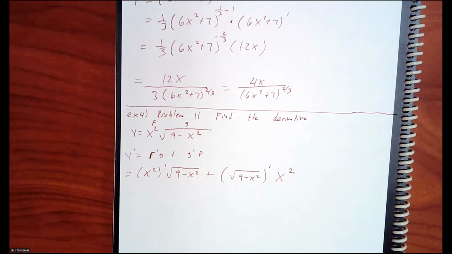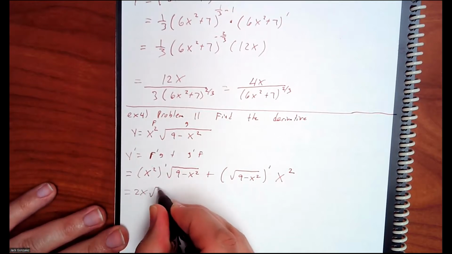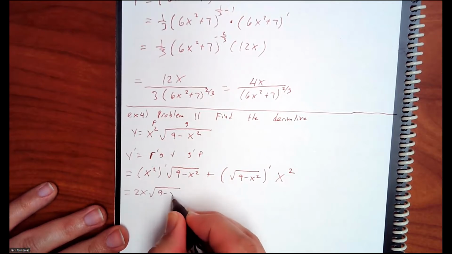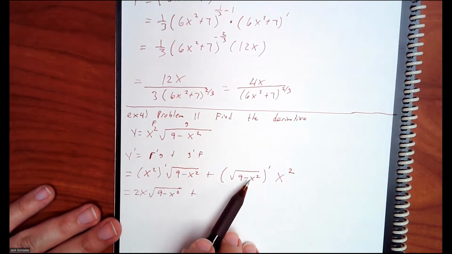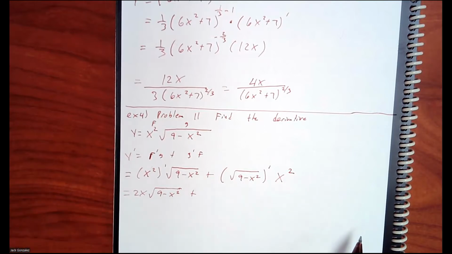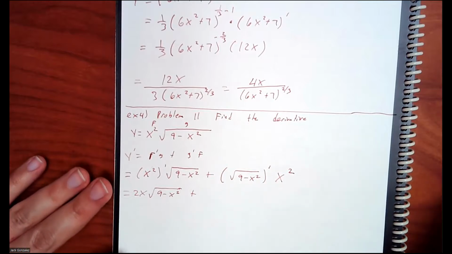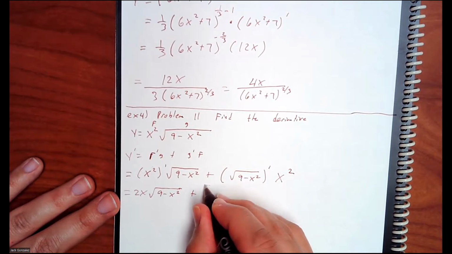So what's the derivative of x squared? 2x. 2x. Cool. Derivative of this guy though is a chain rule. So it's not straightforward. So I'm gonna work in here in these giant brackets.